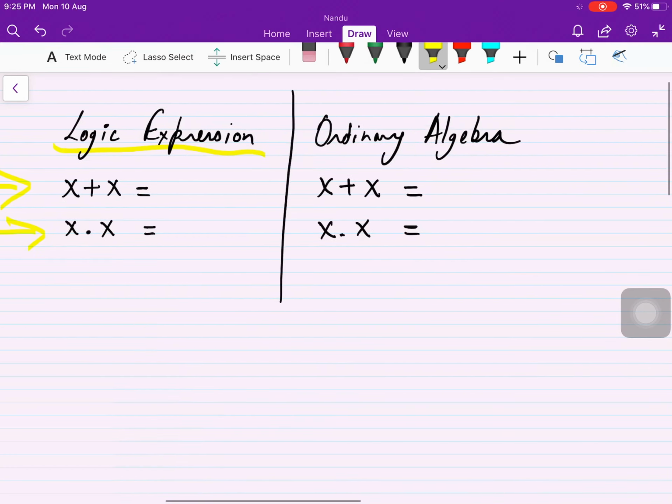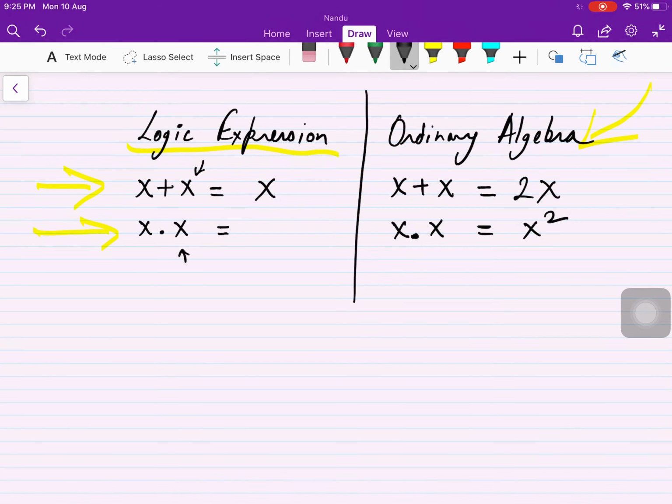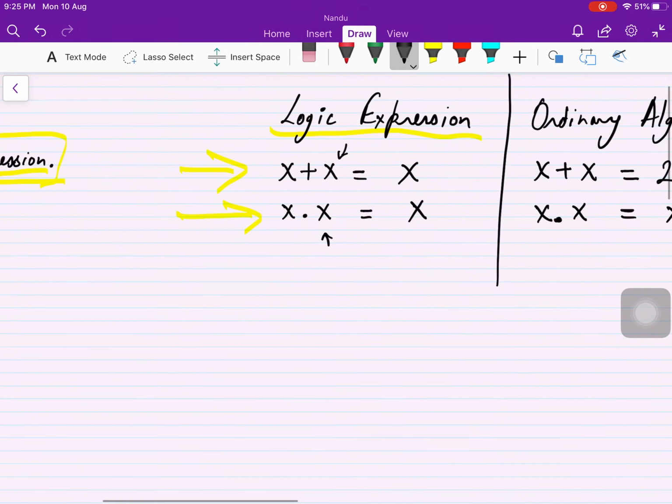In ordinary algebra, x plus x will be 2x, and x into x will be x square. But in Boolean algebra, x plus x will give x, and x into x will give x. You'll ask me why.